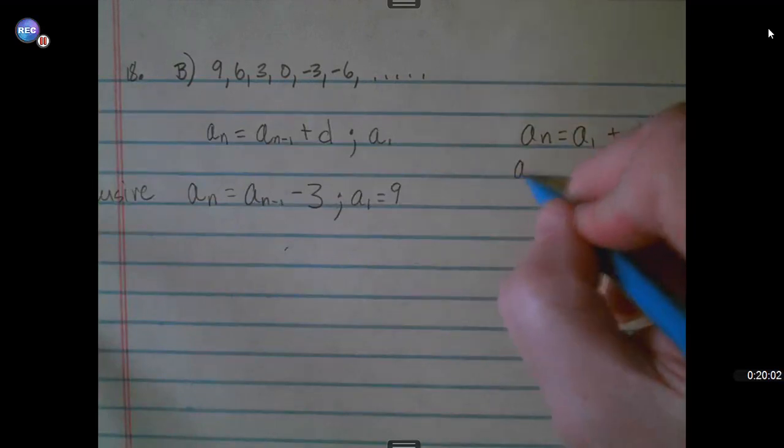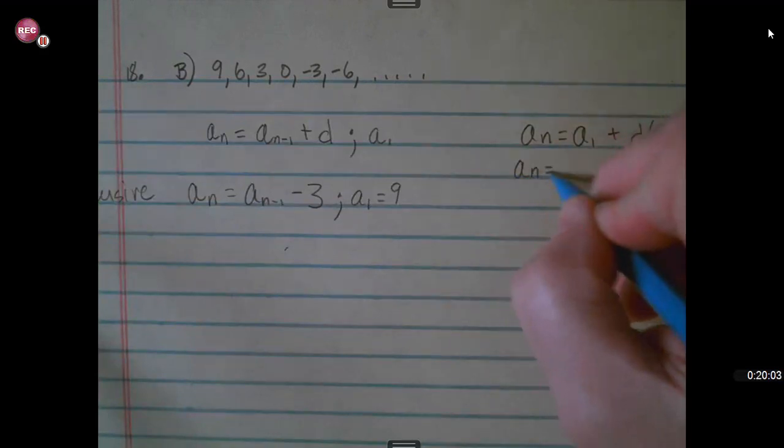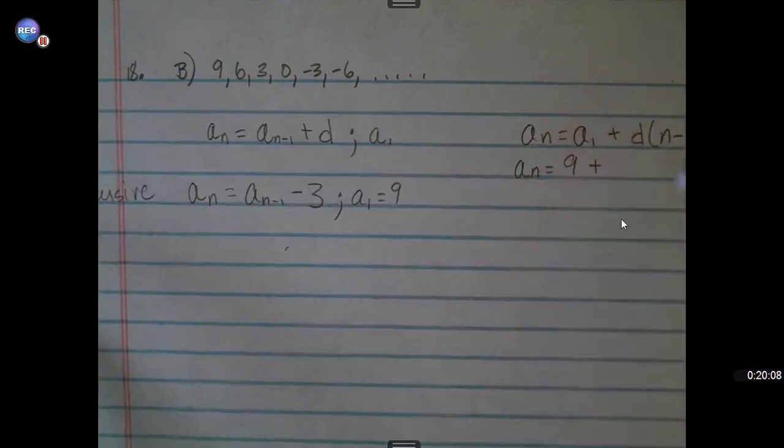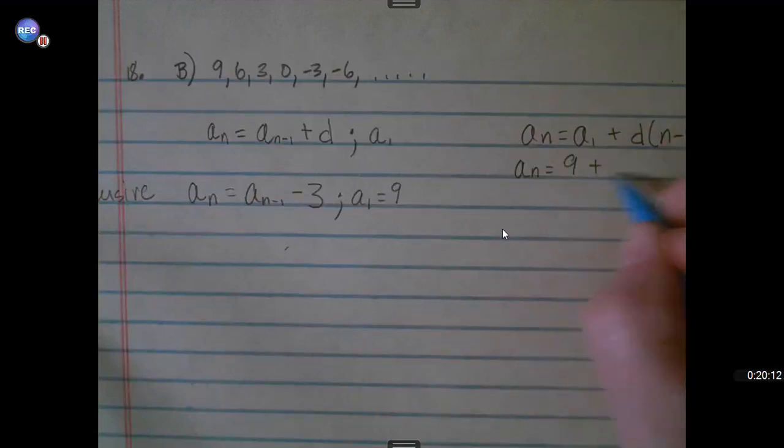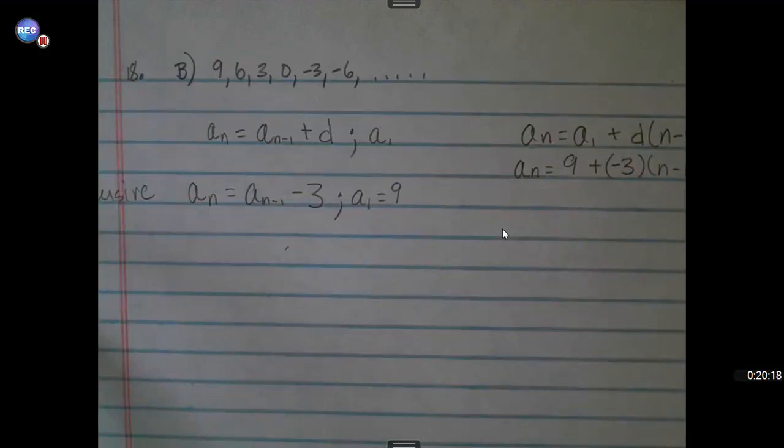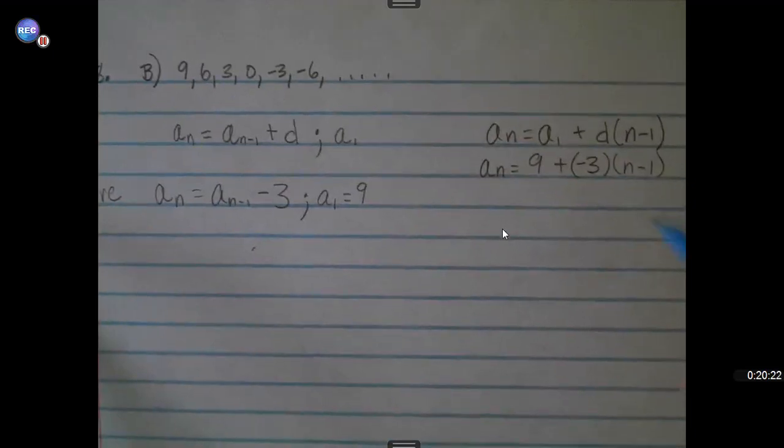And so a sub 1 is 9. Sorry, I had a technical issue there. A sub 1 is 9. The common difference is -3. And the problem we had on the test that we took for this chapter was a lot of people left their answer like that.